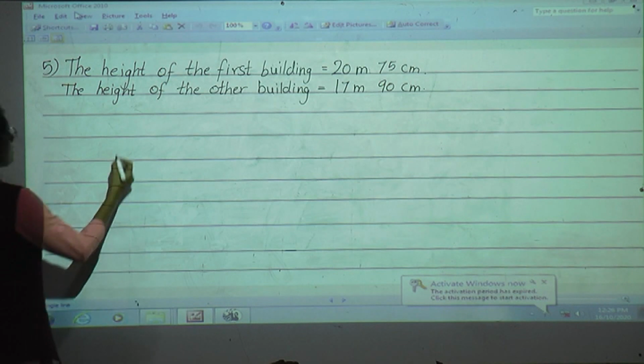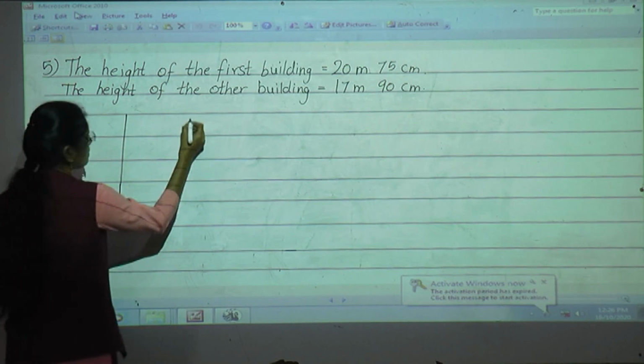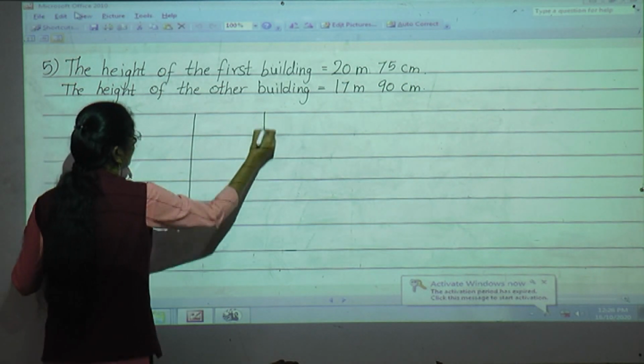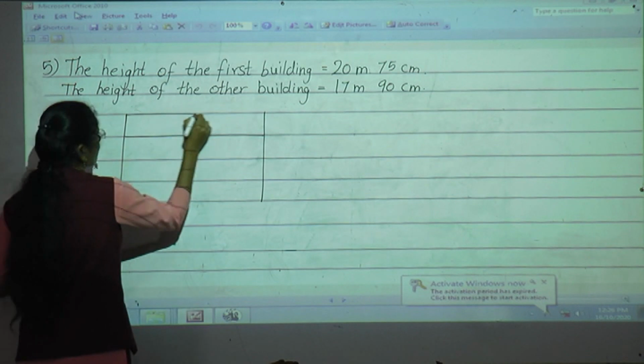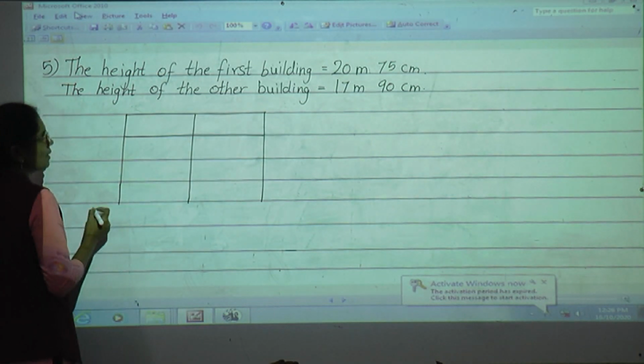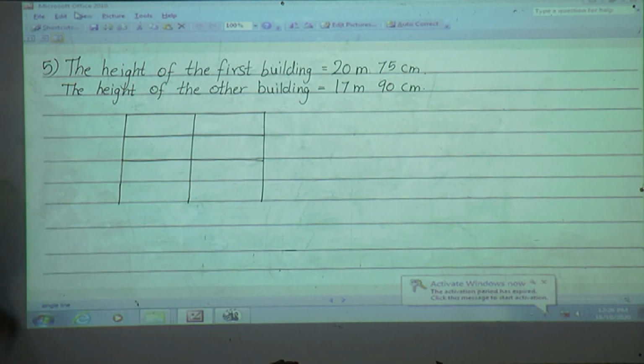So here we will do the subtraction. Here you have to make two columns, one for meter and the other for centimeter. Properly make a box and then write the values in that box. You have to leave one line for the borrow.